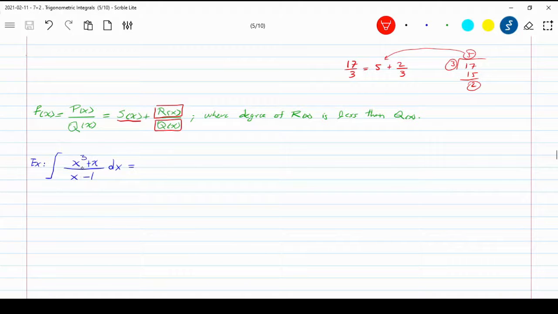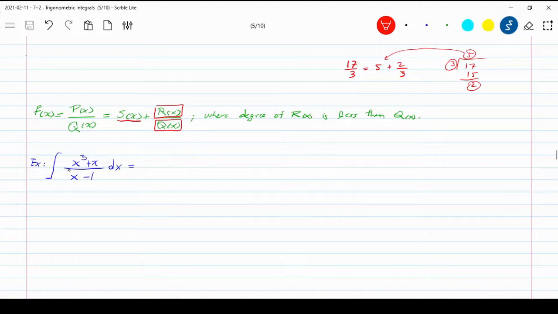Substitution doesn't help that much. Actually, substitution may help, but it's going to be much more work if this denominator was some quadratic. So let's assume we're not going to use substitution at the moment, and we're trying to use partial fractions.